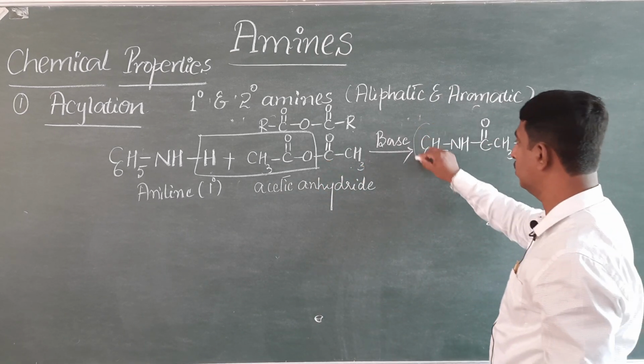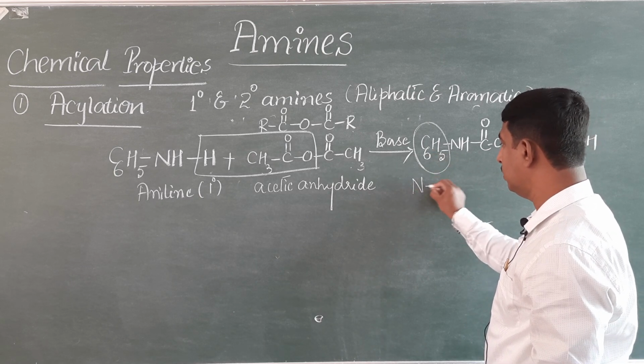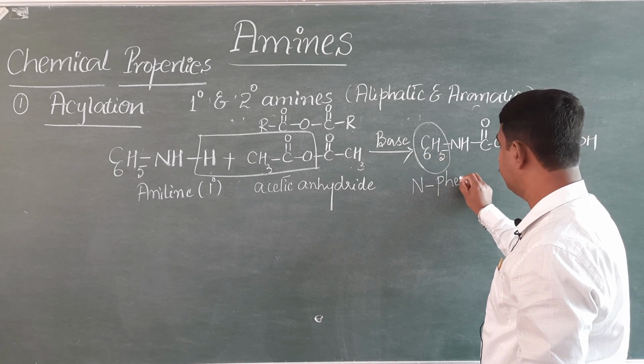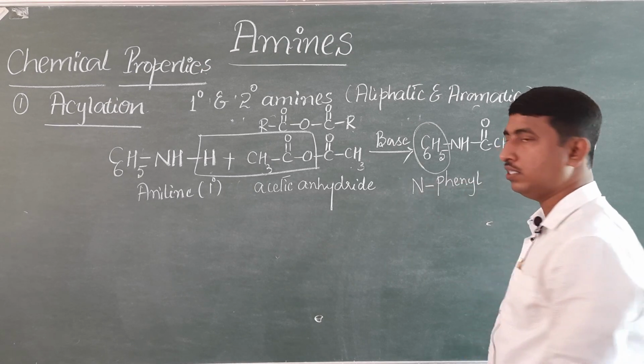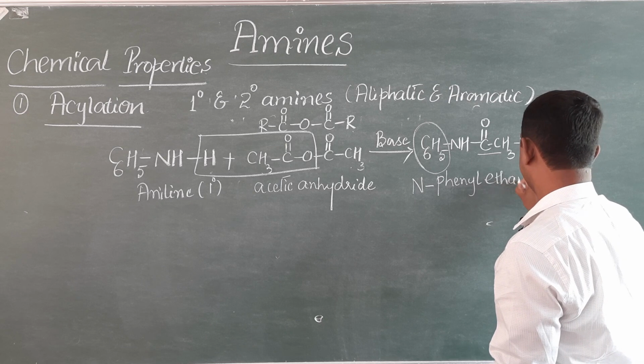Now this is the substituent group present upon nitrogen. It is named N-phenyl ethanamide.